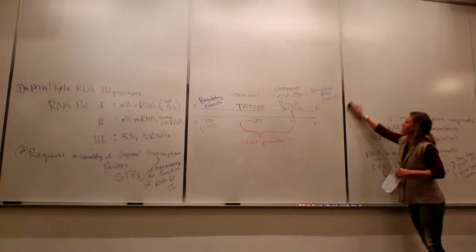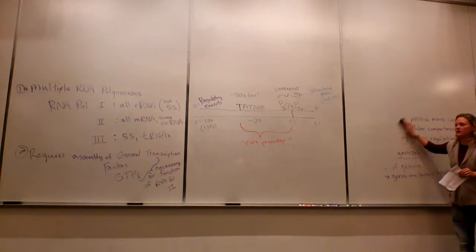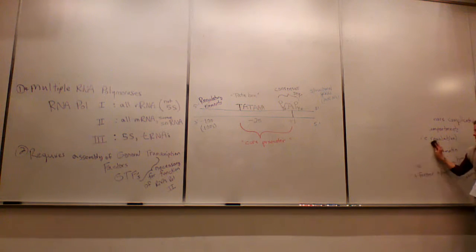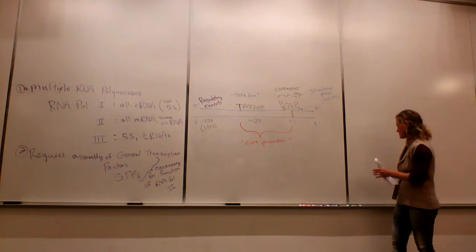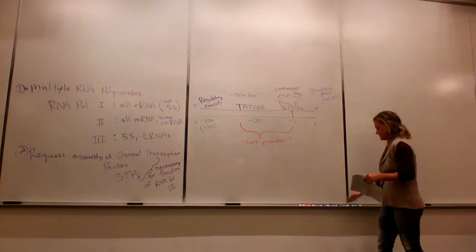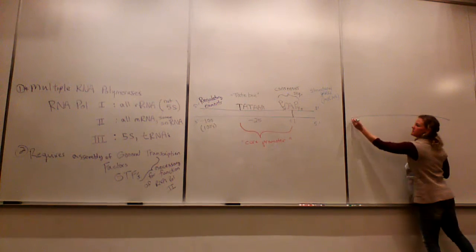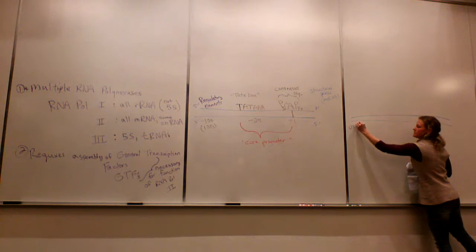So we're going to draw, any questions about our promoter sequences, what this looks like? So what it looks like for initiation, piling all these GTFs, we're going to draw all the GTFs bound up there to the promoter sequence. Okay, how we start this whole transcription process in eukaryotes.